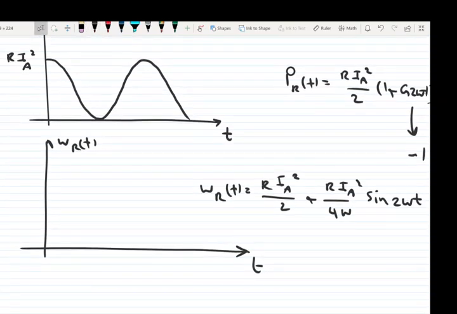And if we graph this equation, we will have this curve. Okay, so this one is the energy.